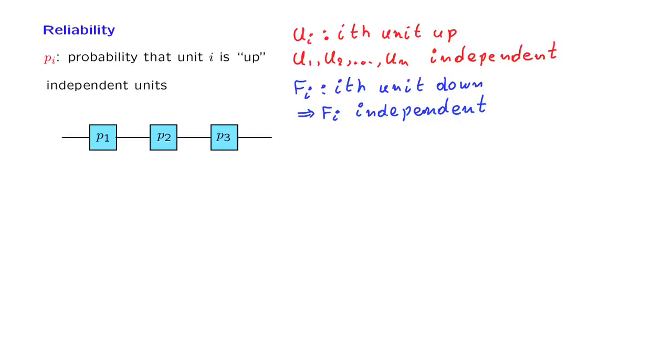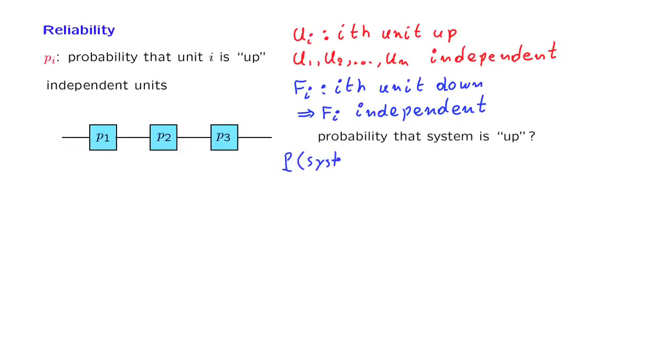Now we move to do some calculations for specific systems. Consider a particular system that consists of three components, and we will say that the system is up if there exists a path from the left to the right that consists of units that are up. So in this case, for the system to be up, we need all three components to be up, and we proceed as follows.